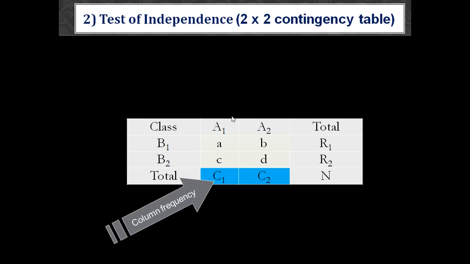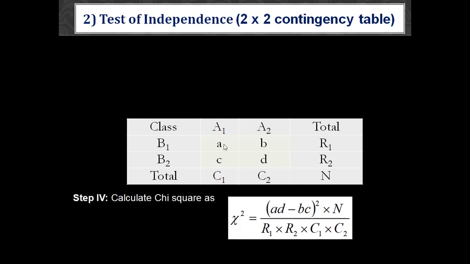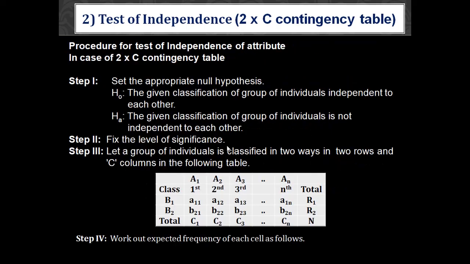Simply make the sum of rows and columns and the grand total, and then you can directly apply this formula, AD minus BC square into N divided by R1, R2, C1, C2. In this formula you do not have to calculate the expected frequency for the given cell. You can directly utilize the observed ones, and so you can directly get the chi-square.